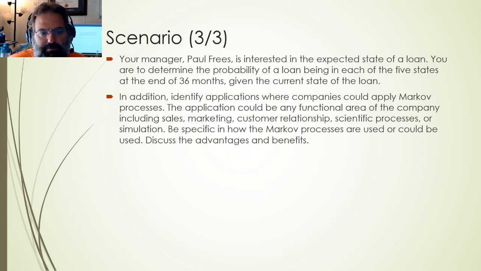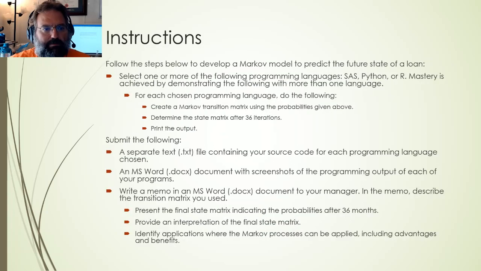So your manager, Paul Freeze, is interested in the expected state of a loan. You're to determine it over the 5 states over 36 months. Really sounds familiar, doesn't it? In addition, you're going to apply Markov processes to determine where they end up, and talk specifically about how it can be used, what the advantages and benefits are, and if you want to go crazy, what the disadvantages are, right?